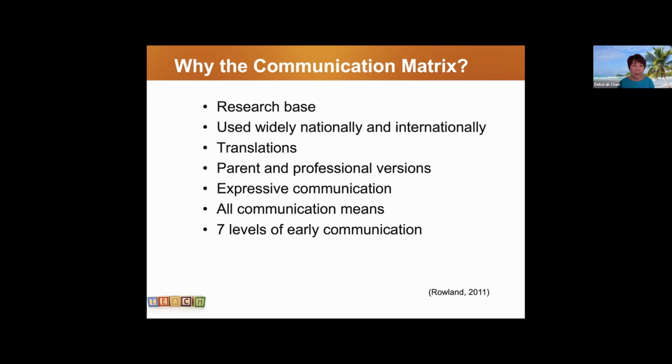So from body movements through augmentative communication. So this is not for a child who has language, either speech or signed communication, and is fluent in that. It's really for a child who is at the first 2 years of communicating, and it has 7 levels of early communication.